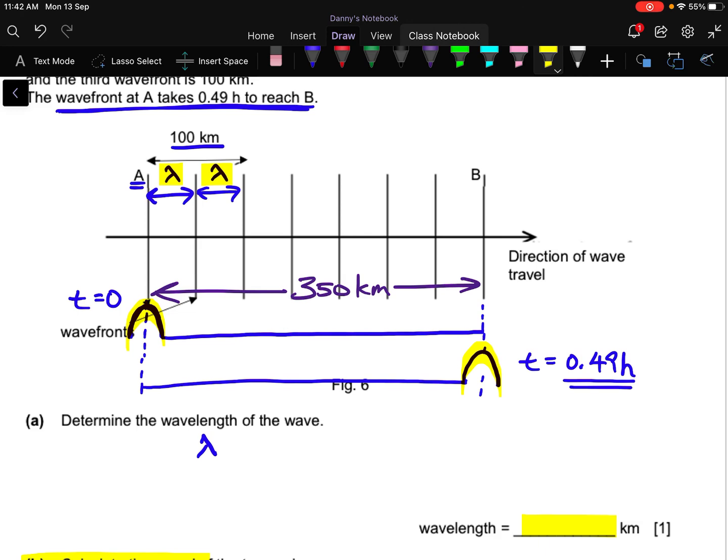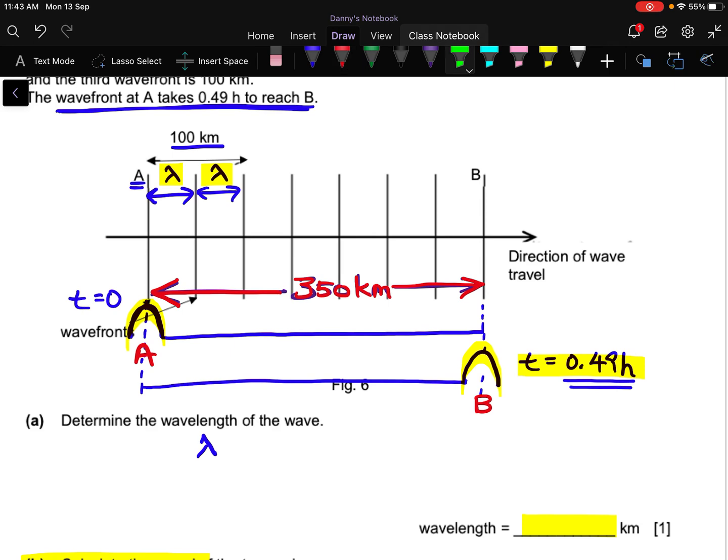So now you know that the crest took this amount of time to travel from A to B. You also know that the distance between A and B is 350 kilometers.